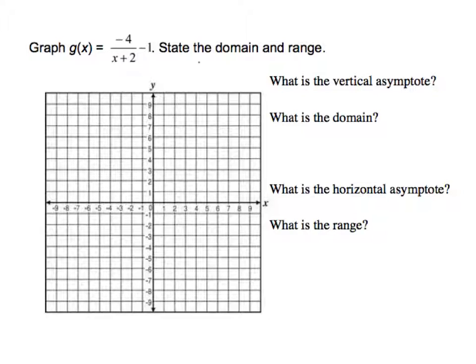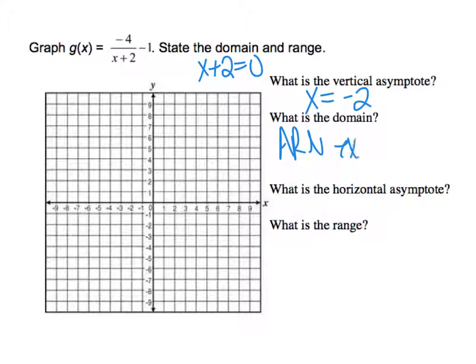So if I say x plus 2, which is the denominator, equals 0, I subtract 2 from both sides. My vertical asymptote is at -2. My domain is going to be all real numbers except -2. Okay, so notice these two numbers here, my asymptote and my domain, match up.